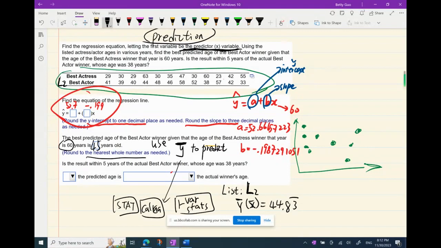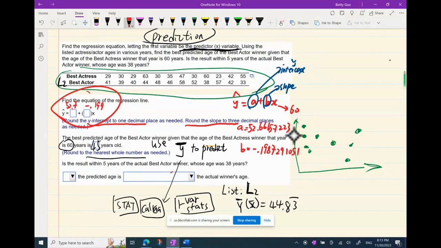Okay, no problem. So let me enter the equation of the regression line and draw the line of best fit on the scatter plot. There's one more point here, actually.